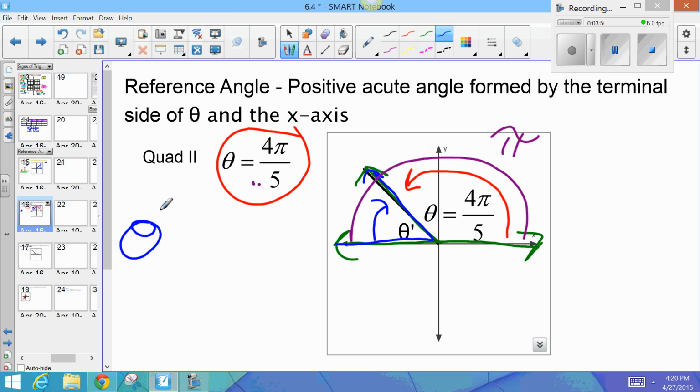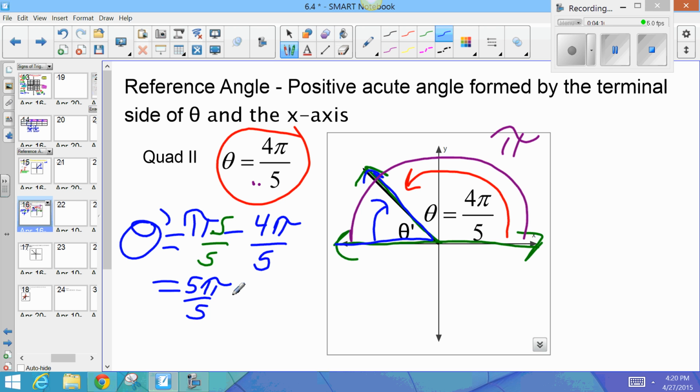Theta prime is equal to pi subtract 4 pi over 5. I need a common denominator, so I'm going to multiply top and bottom by 5. So I have 5 pi over 5 minus 4 pi over 5 equals pi over 5. So theta prime is pi over 5.